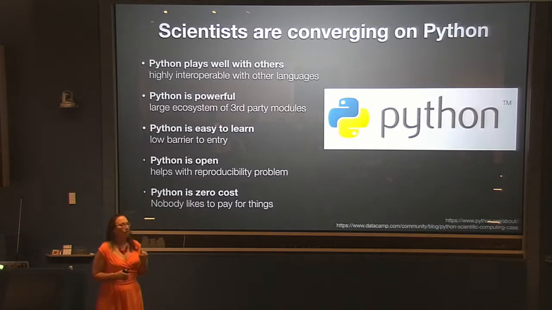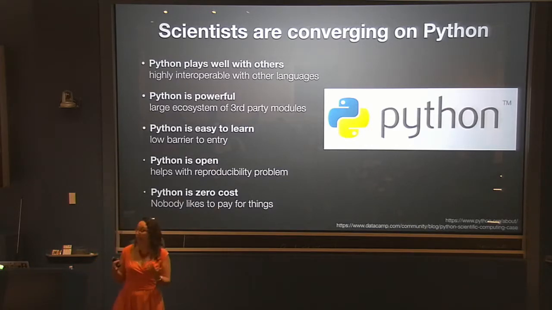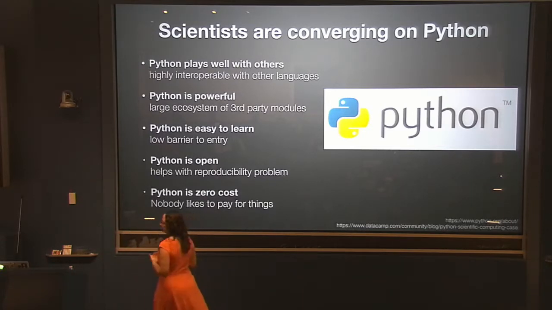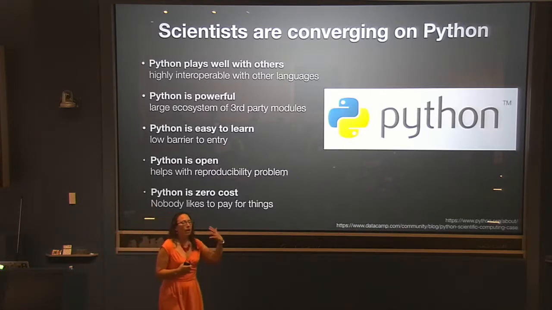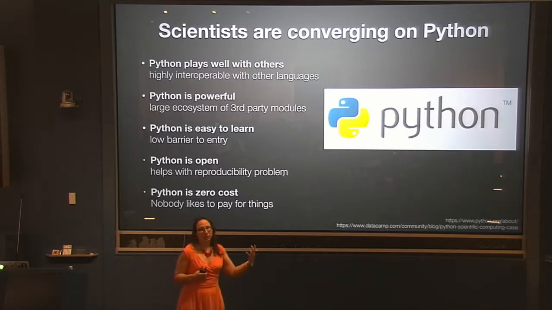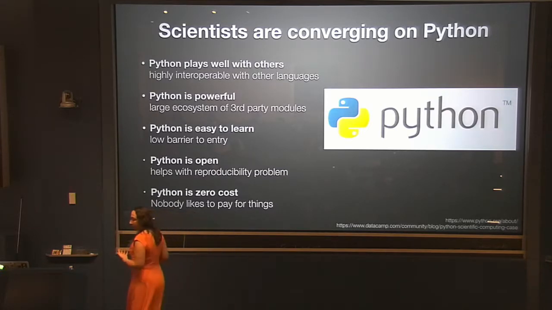Python has a whole ethos that encourages open source development and community development and coming to consensus. And so it's a community-driven development model, which I think agrees very well with the scientists who are trying to get things to be more in the open, in the same desire to get things to be more reproducible.